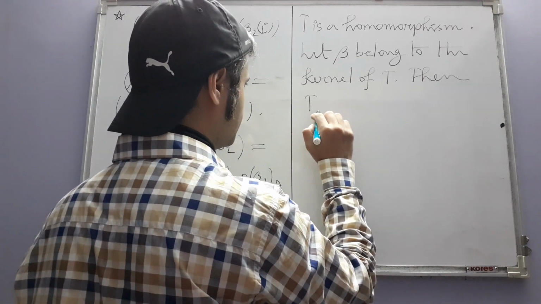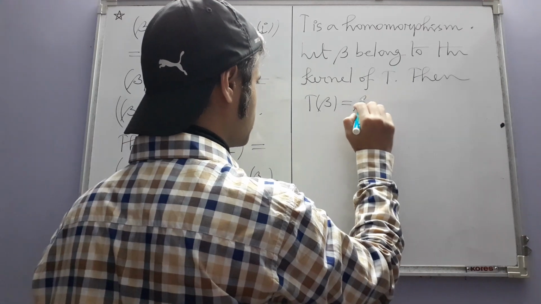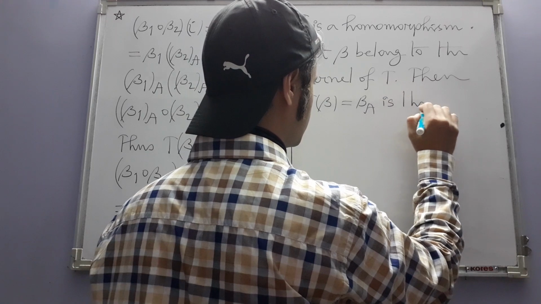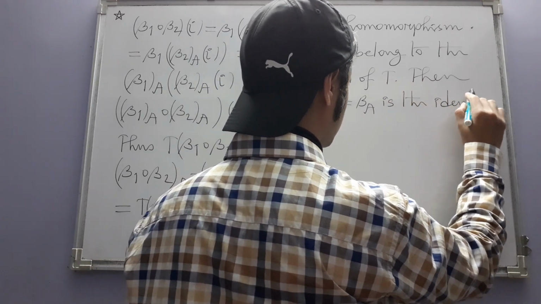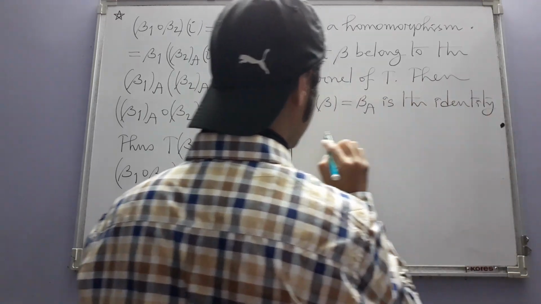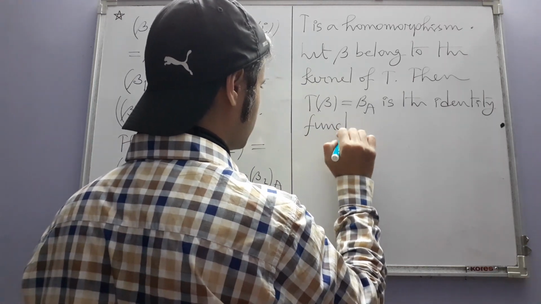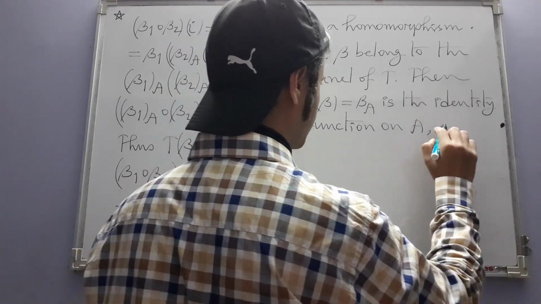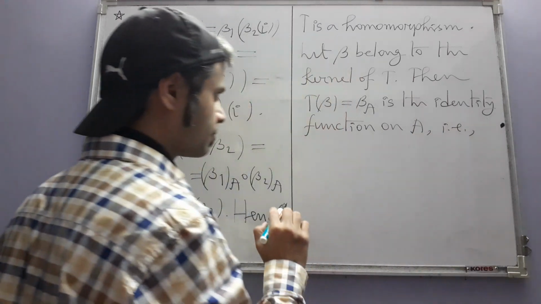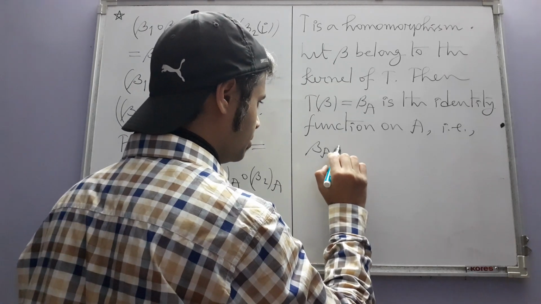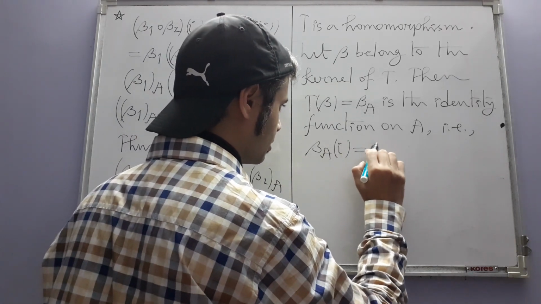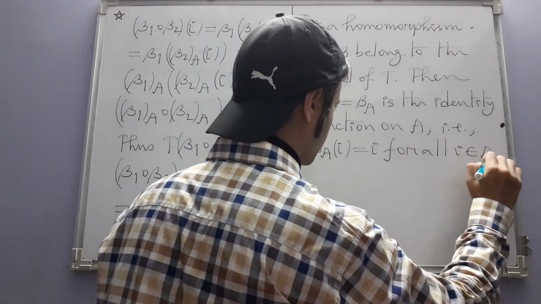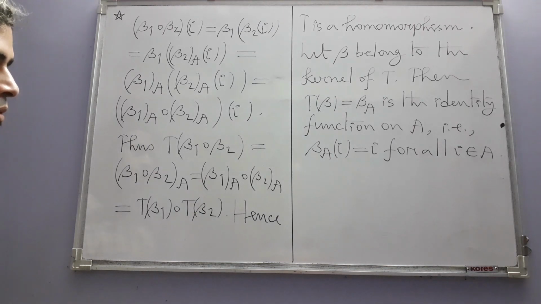Then T of beta, which is the restriction of beta to A, is the identity function on A, i.e. beta A of I is equal to I for all I belonging to A. Okay.